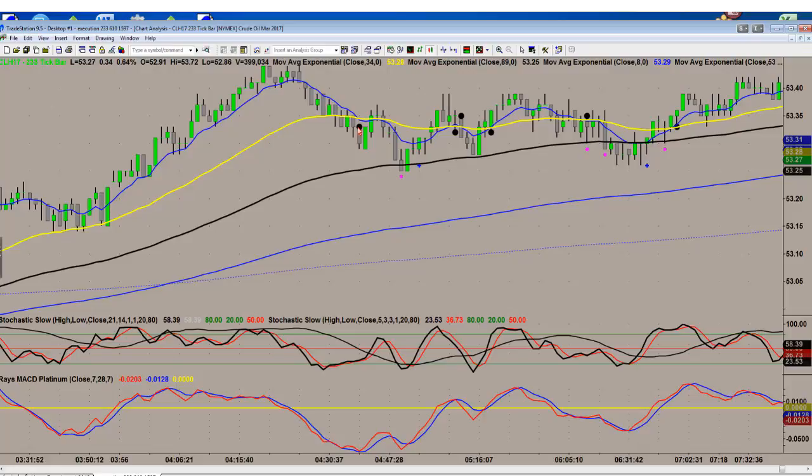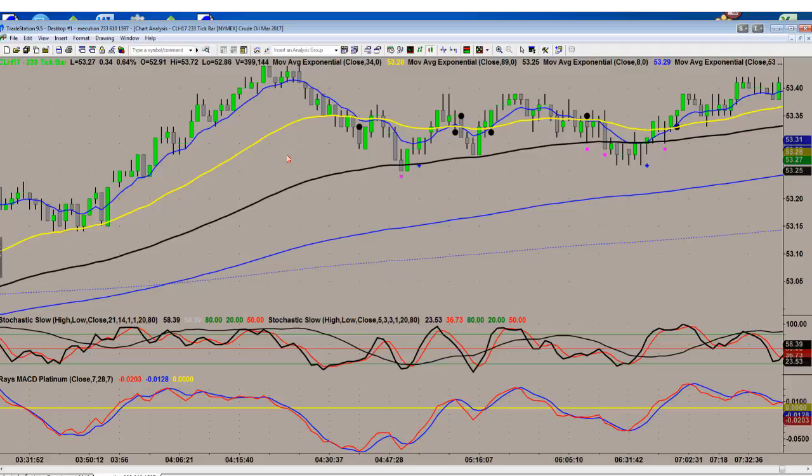The T20 is a potential entry in regards to selling. Now the T20 is what is known as a crossover approach. When the 8 crosses under the 34, it's looking for shorts. If the 8 is above the 34, it's looking for buys. That's a general crossover approach.